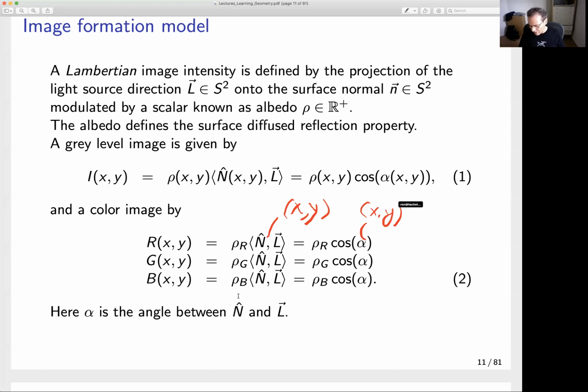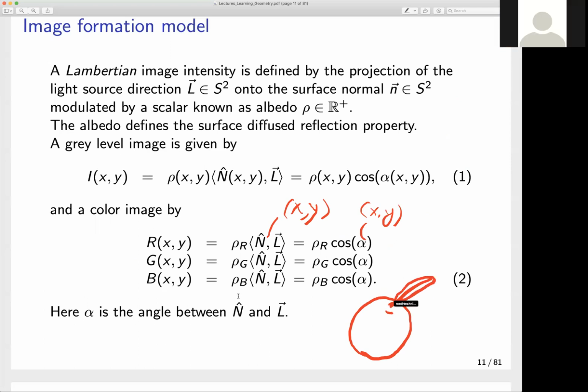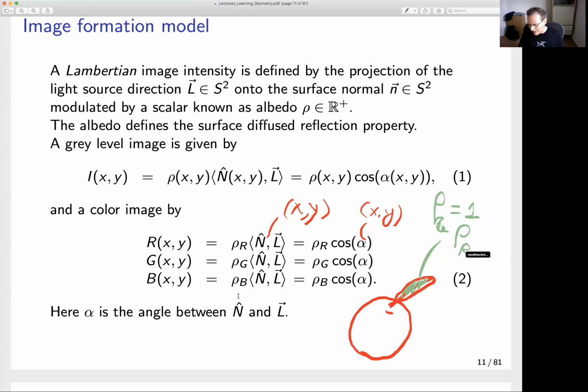So if I'm looking at, let's draw it again, my orange here, and let me pick a different color. The leaf here should have, I'm deliberately exaggerating, rho of G equal to 1 inside, and rho of R and rho of B should be equal to 0 inside the leaf.